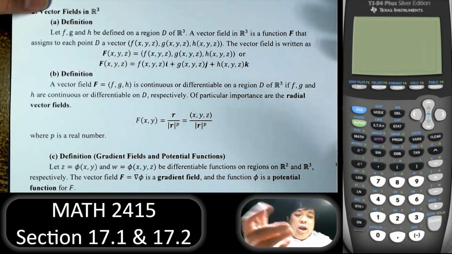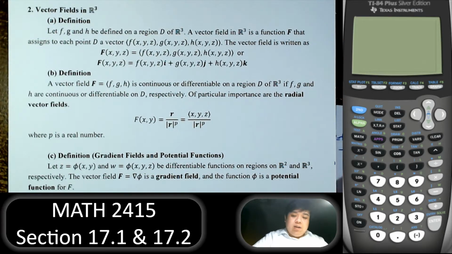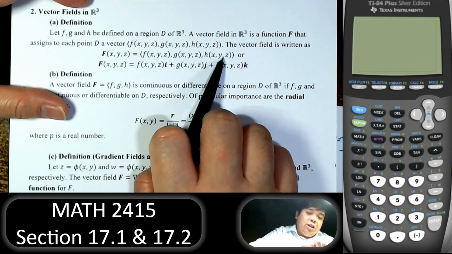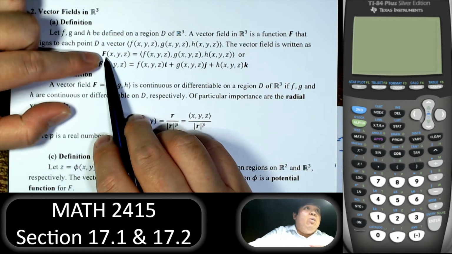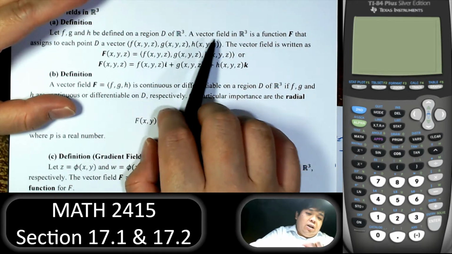Right, now we have the same thing in three-dimensional space. If we have a three-component function, we have a vector field in R3.